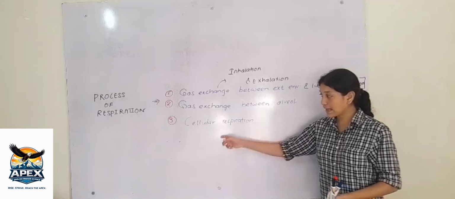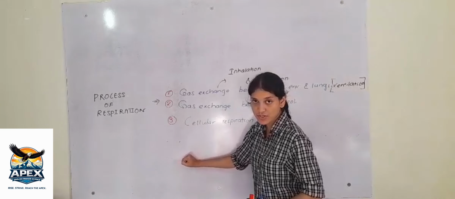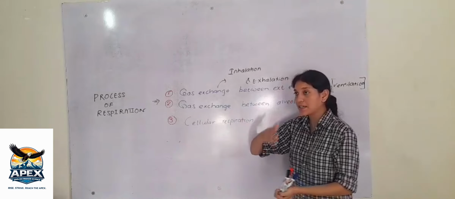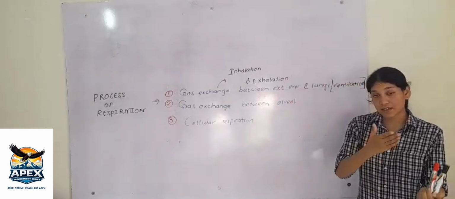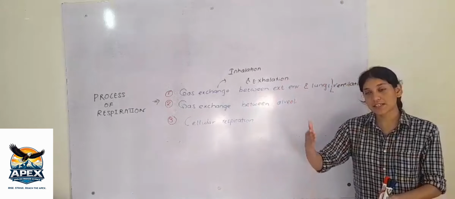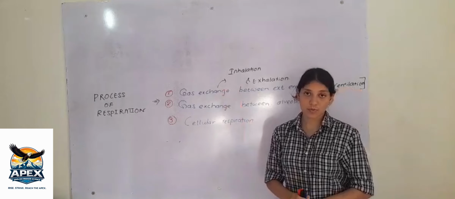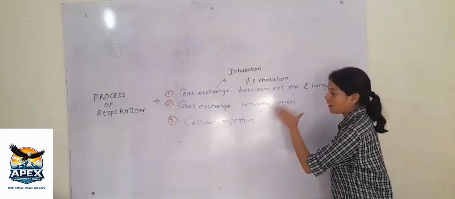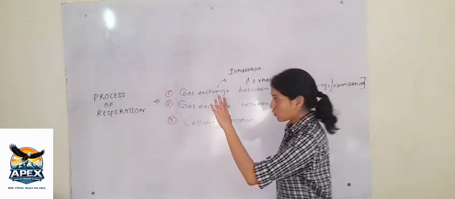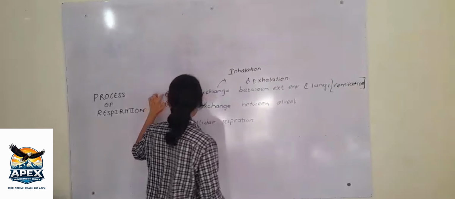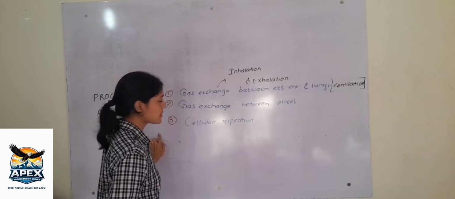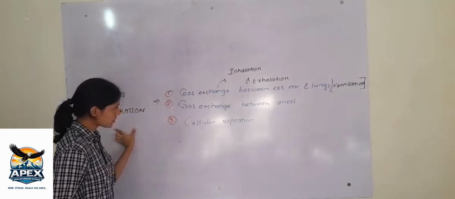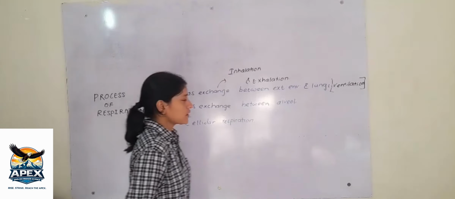And third, as the last stage, we have cellular respiration. The oxygen that is taken into your blood capillaries is going to react with the glucose molecules in your body cells, and it is going to produce energy. So that is your last stage. Now we'll see each and every process. There are three stages in the respiratory process.